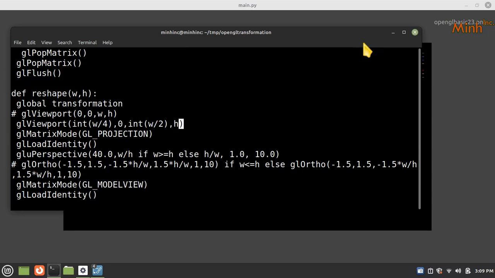So X we have shifted by 4, Y is 0, and width we are decreasing, height we are keeping the same.